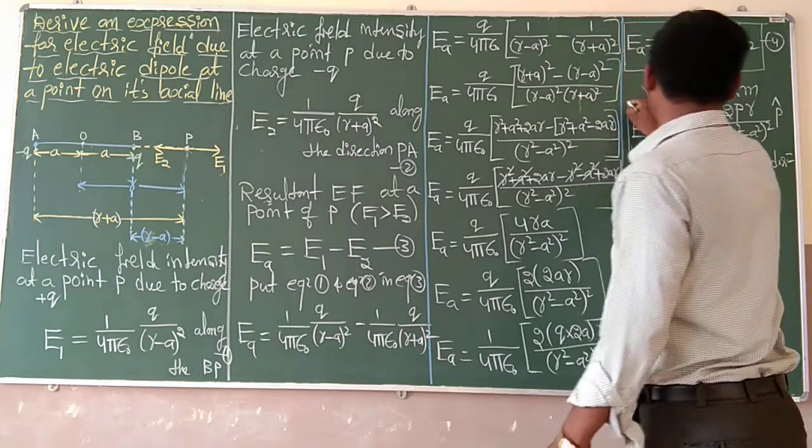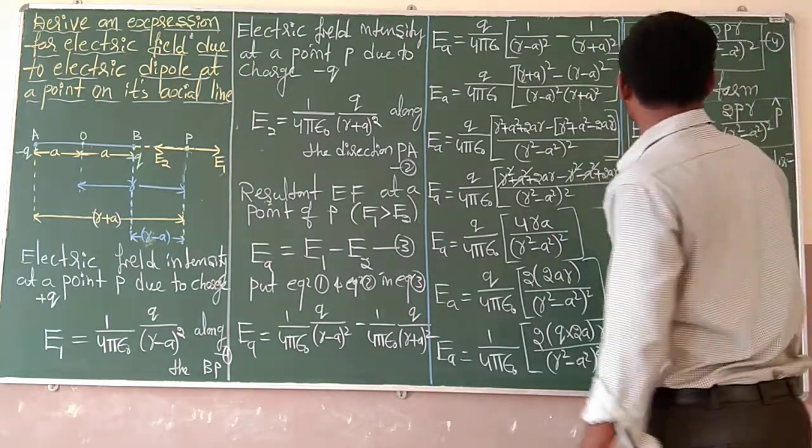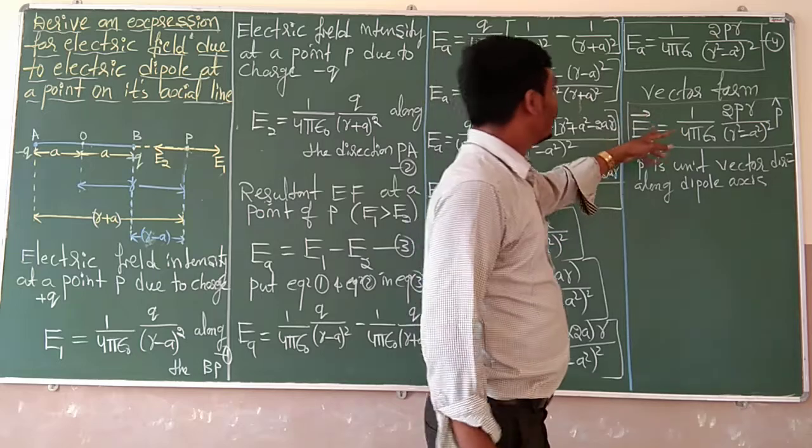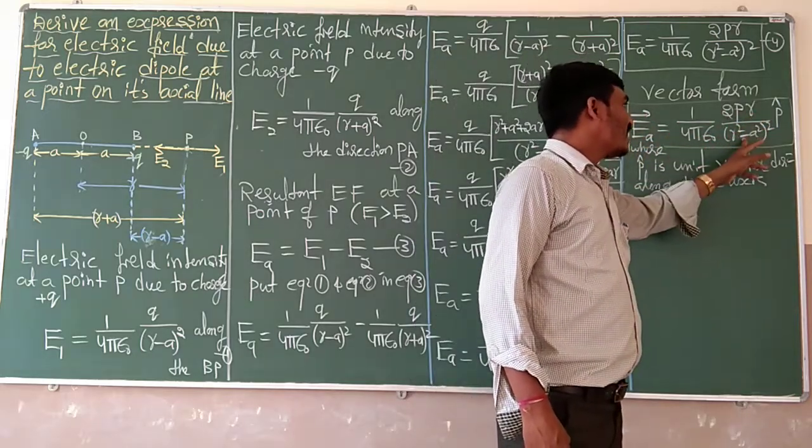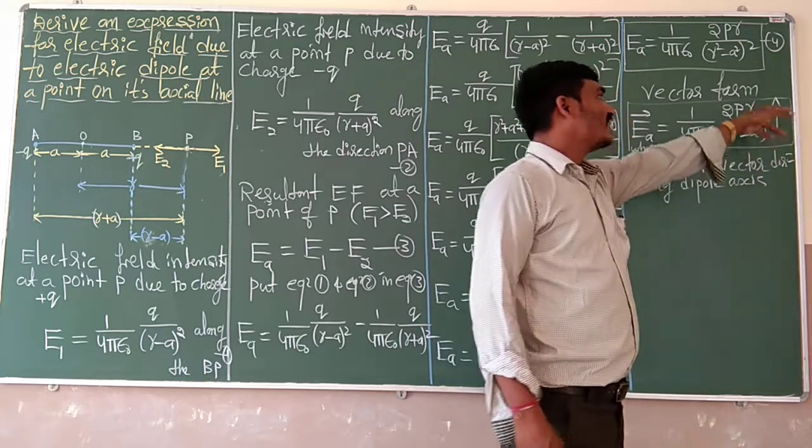Okay, you can write up to this equation also. That is E_A vector is equal to 1 by 4 pi epsilon naught, 2pr divided by (r square minus a square) to the power square into p cap.